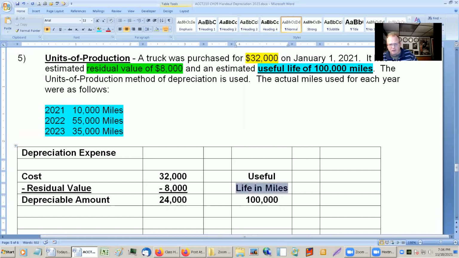So here's the question. How much are we going to depreciate per mile?